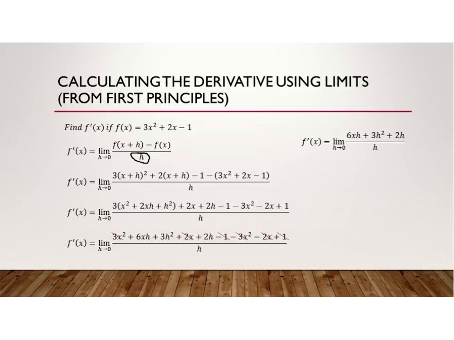Now, because h is in the denominator, it appears on first look that the limit that we're trying to work out may well be undefined, because if h goes to 0, the denominator is 0, we can't work it out. But you will recall from our work last week that when we get to this point, what we look for is the capacity to factorise the numerator. If I can cancel that h, that will get rid of the problem with the whole thing being undefined, and I'll actually be able to work out the limit.